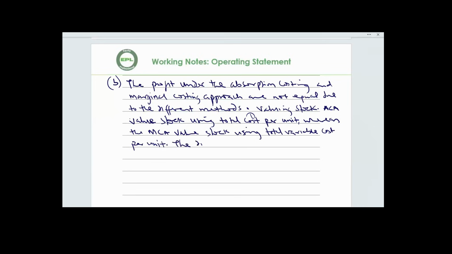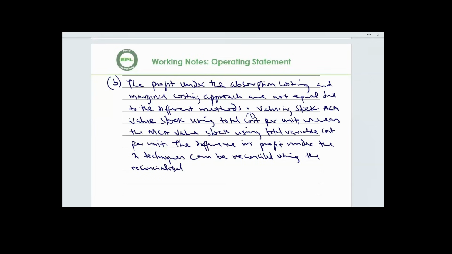The difference in profits under the two techniques can be reconciled using the reconciliation statement as shown below.